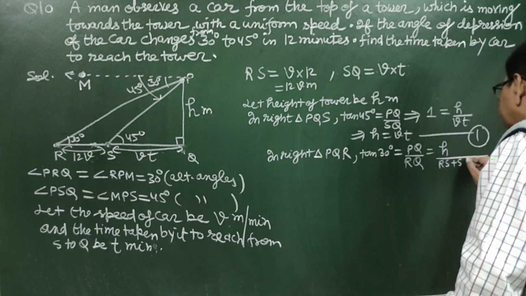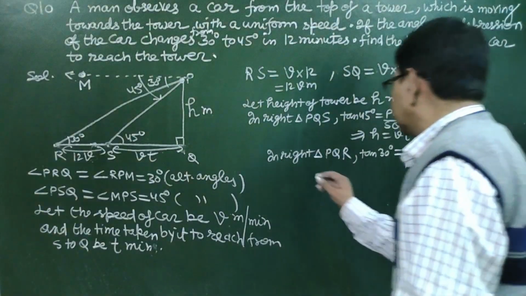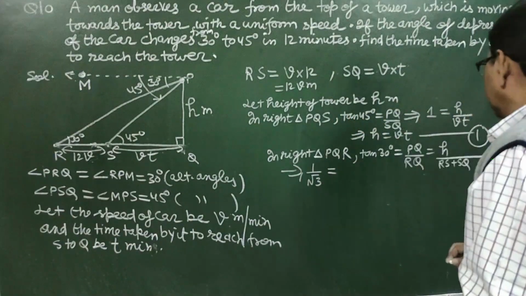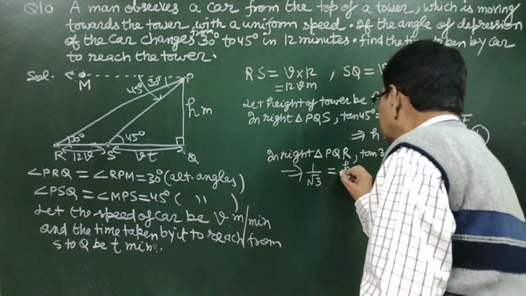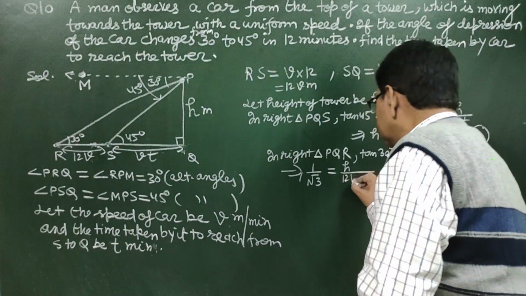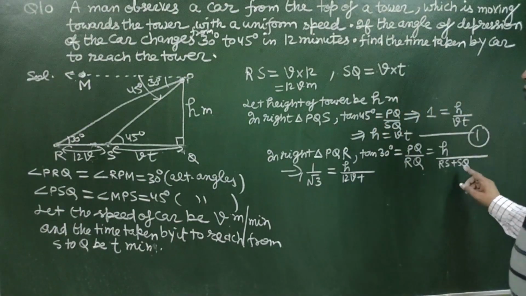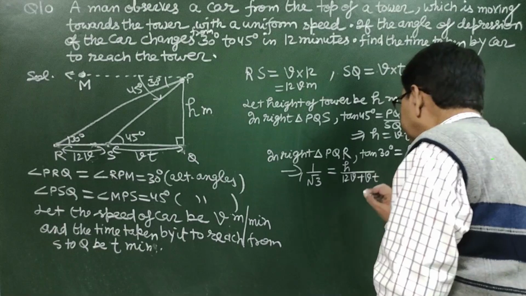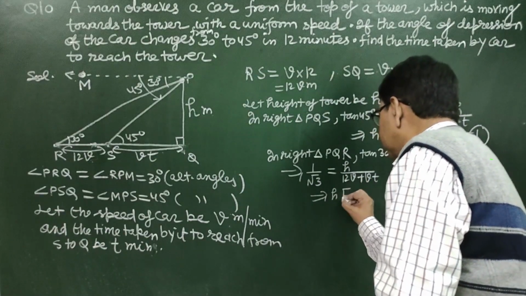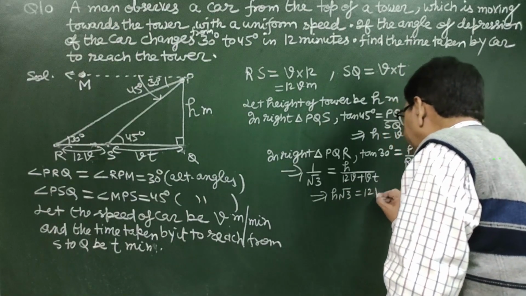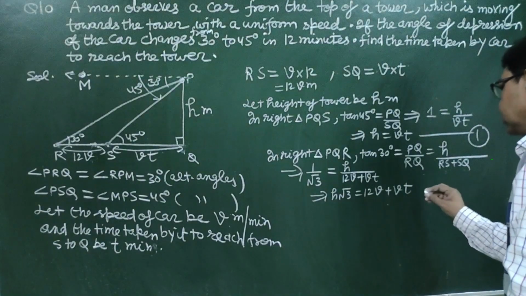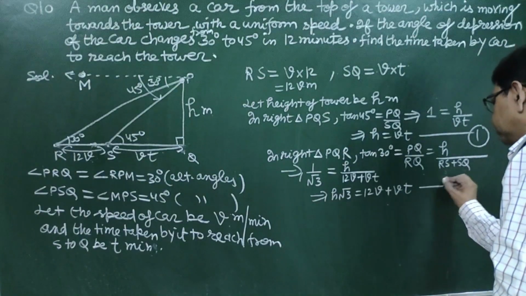Tan 30 is 1 upon root 3, equal to H upon 12V plus VT. By cross multiplication, H root 3 is equal to 12V plus VT. This is number 2.